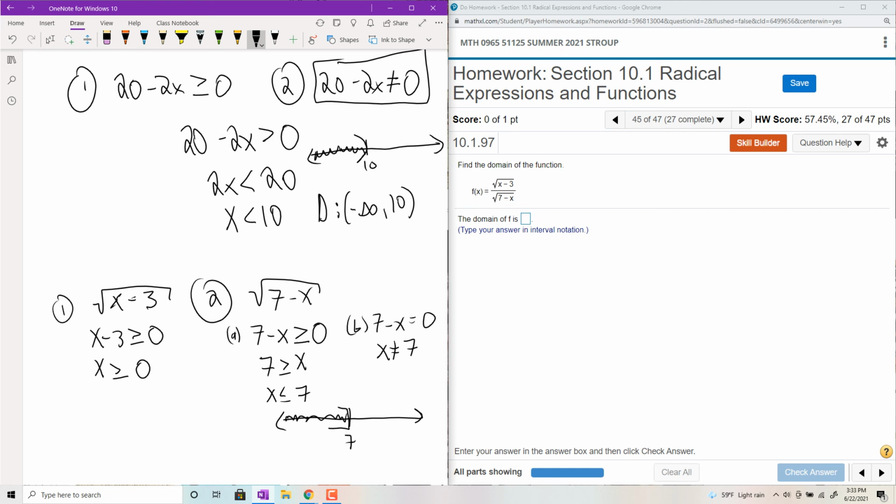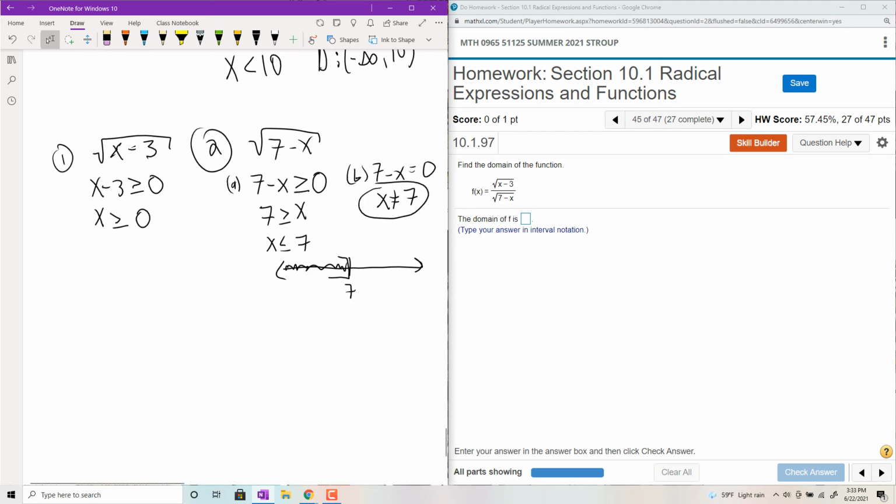But we also have the restriction that x cannot equal 7, so we need to omit that number. When we write our answer, it'll be negative infinity to 7, but not including 7. You need an open parenthesis there.